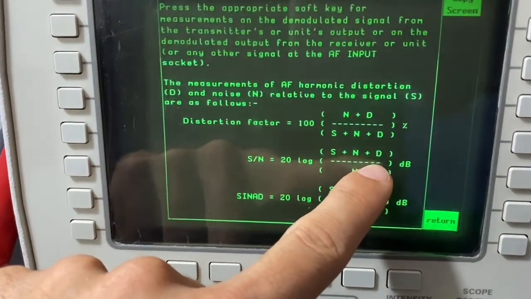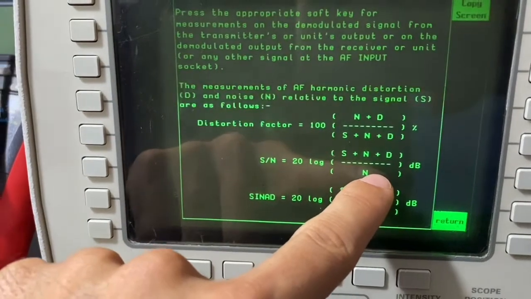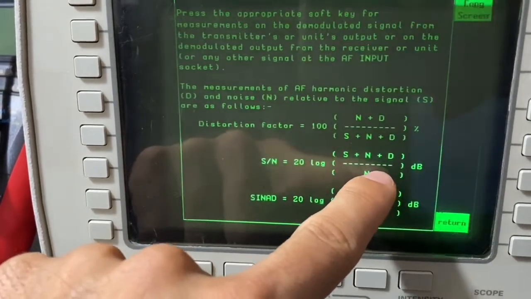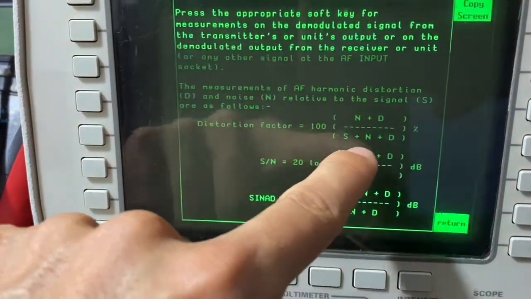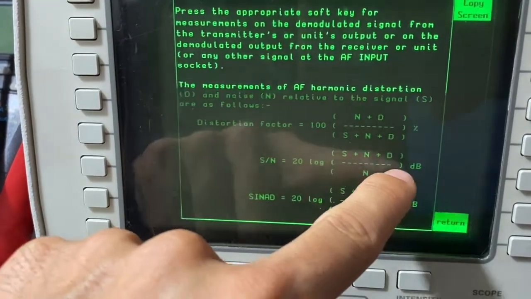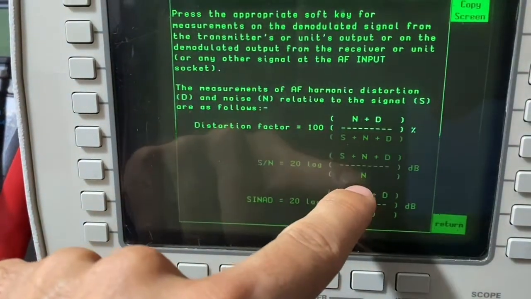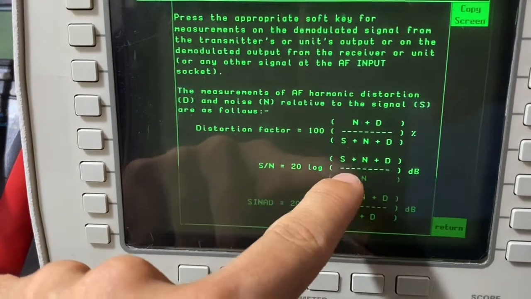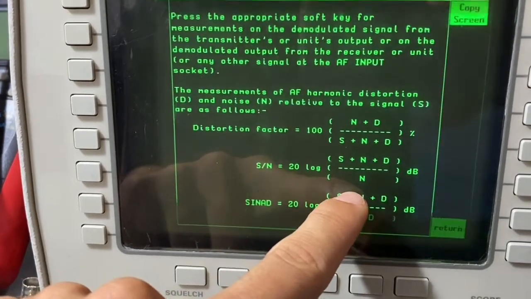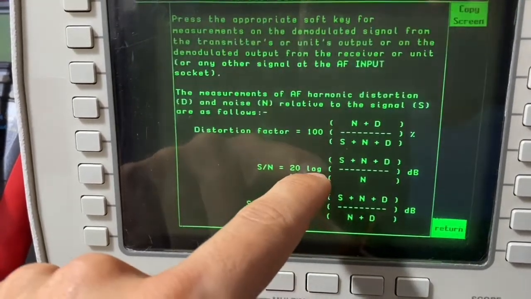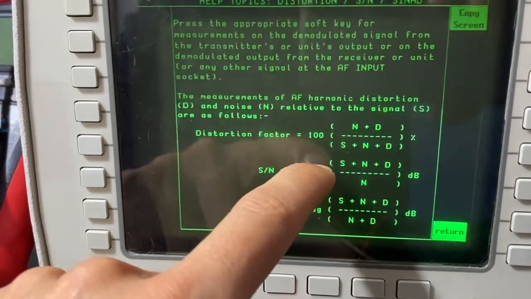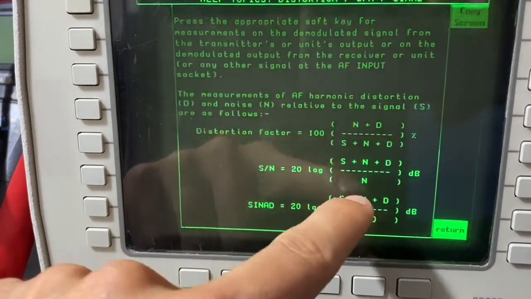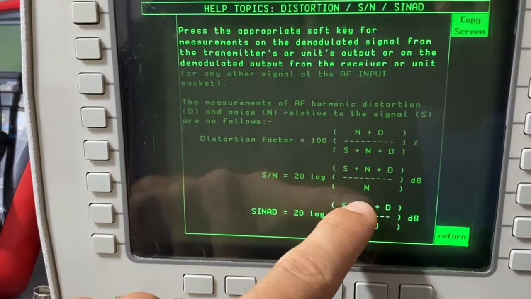It can be very pure, but it can be distorted as well. So when we measure this voltage, we take account of the final result of these three elements, and we compare with the noise, with just the noise. So that is removing the signal with its distortion, and we are left with the noise.